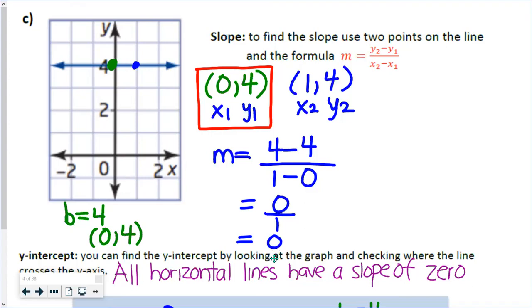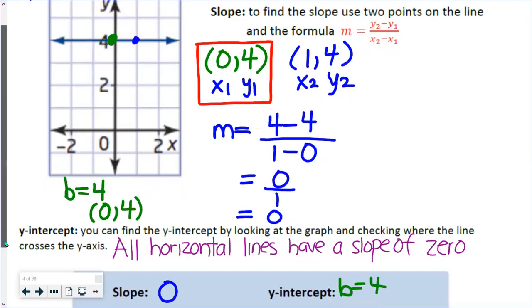Now my answer, 4 minus 4 is 0. What is 0 divided by 1 equal to? Josh, what is 0 divided by 1? 0, good. And that matches with what we learned last time, that all horizontal lines have a slope of 0.